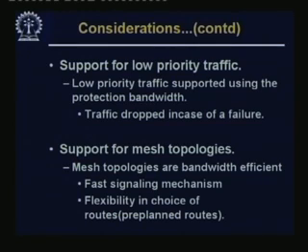Support for low priority traffic, that is another consideration we might have. Low priority traffic is supported using the protection bandwidth, and traffic is dropped in case of a failure. As I mentioned earlier, in order to give some protection capability into the network, we have to build in some kind of redundancy.